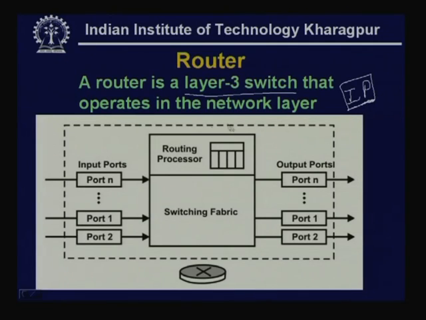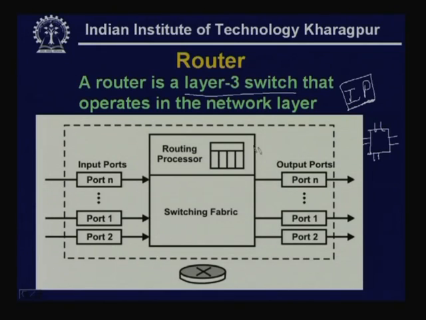And this is the schematic diagram of a router. As you can see, a router has a number of input ports. So the basic configuration is the same. It has a number of input ports and output ports. To an outsider, the ports are essentially bidirectional.